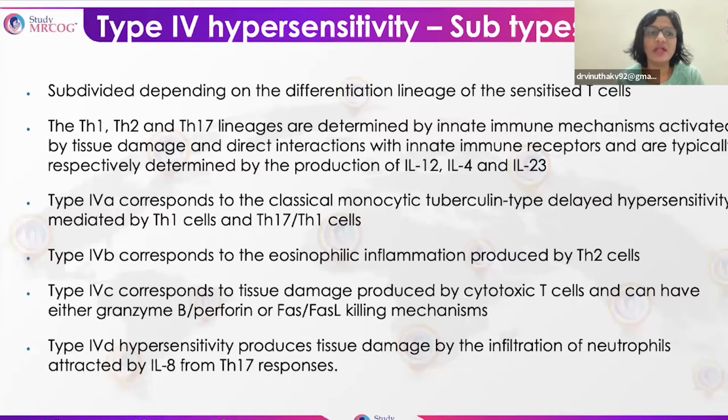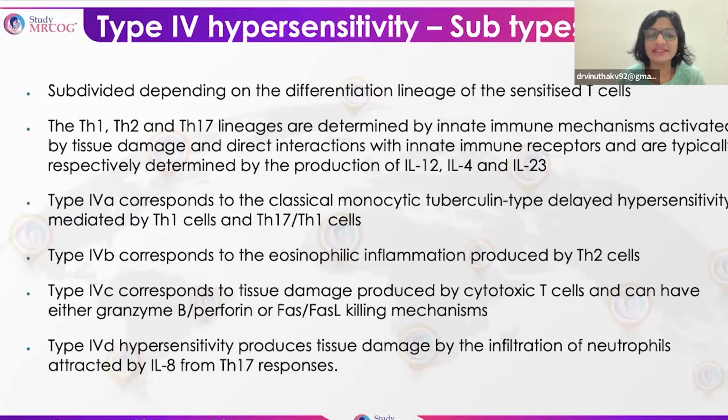This type 4 hypersensitivity reaction is divided into 4A, B, C, and D. The 4A corresponds to the classic monocytic tuberculin type delayed hypersensitivity mediated by helper T cell 1 and helper T17 cells. Type B corresponds to eosinophilic mediated inflammation produced by helper 2 cells.